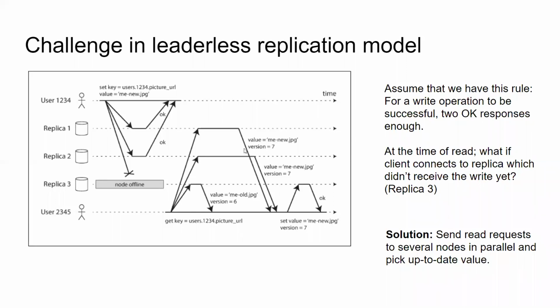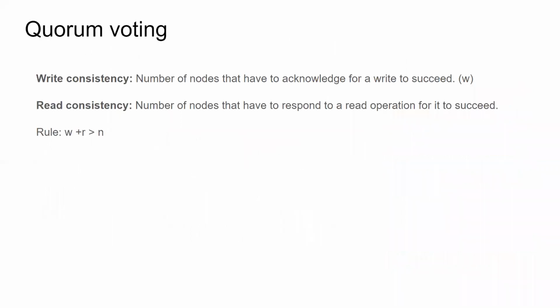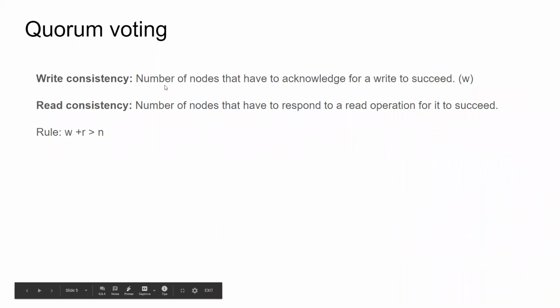One is the idea of quorums. The other is how do you handle entropy in the system, how do you handle that replicas are not in sync? So touching on the first topic, what do we mean by quorum consistency?